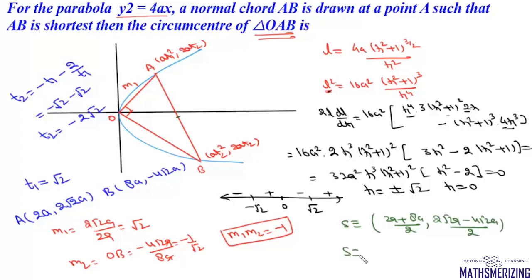So the circumcenter of this triangle will be at (5a, minus root 2 a). Now if we take t1 as minus root 2, then we'll get another result, and I think that result will be (5a, root 2 a). So there will be two answers possible in this question.